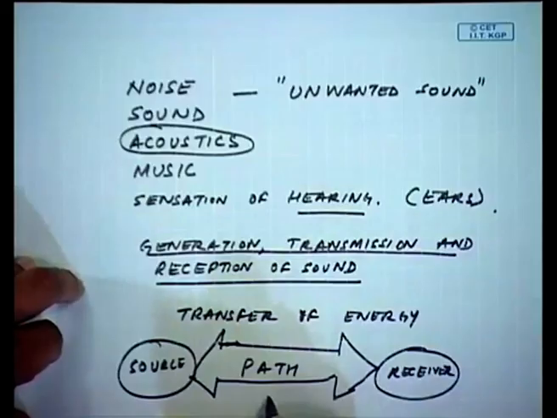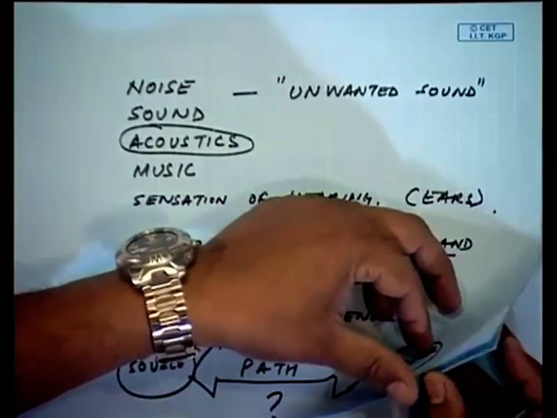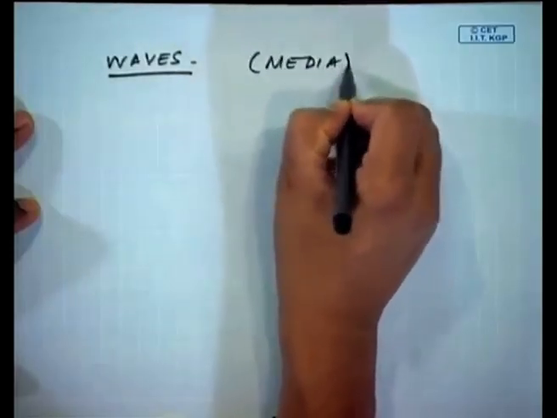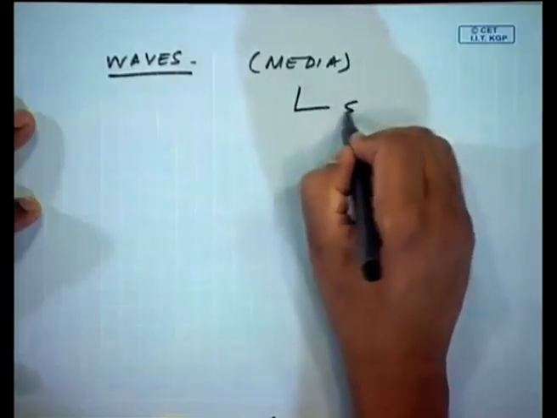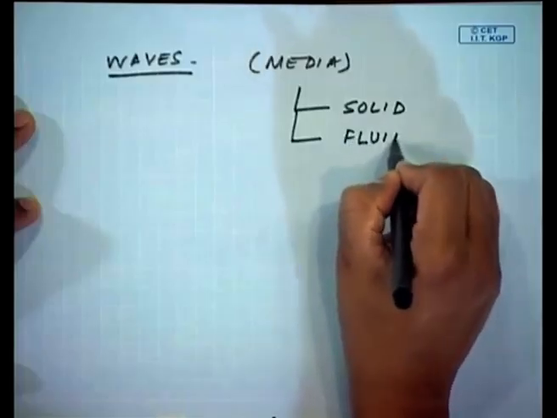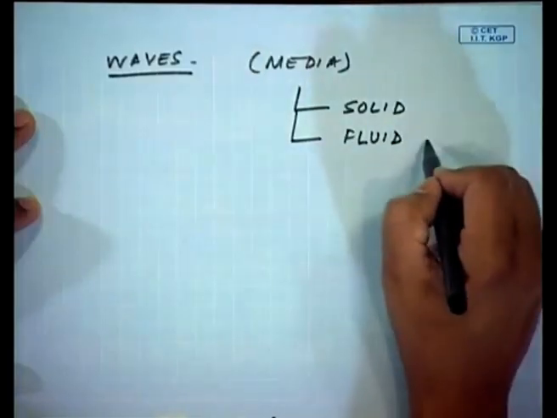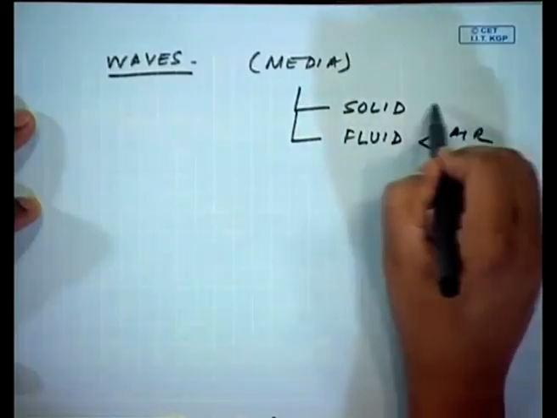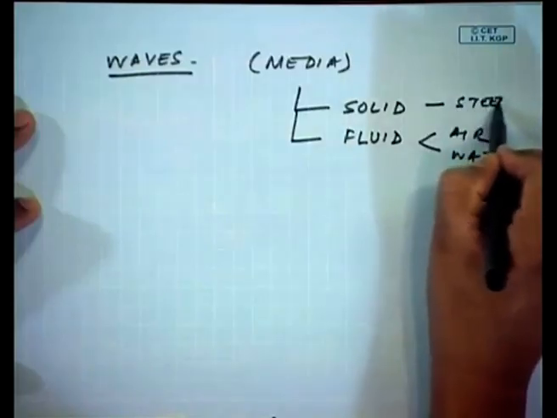And then what is this path? As you will recall from your high school physics, the energy is transferred as waves. These waves require a medium or media. This media can be solid, can be fluid, like air, water, or steel, structure, anything.